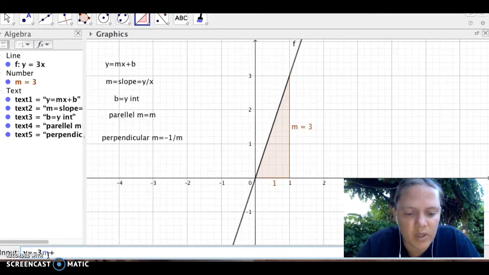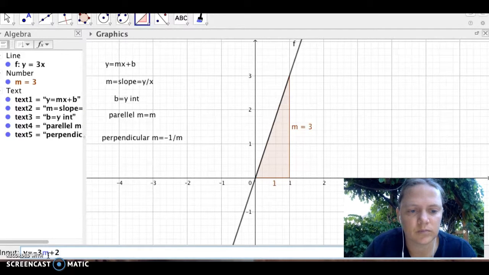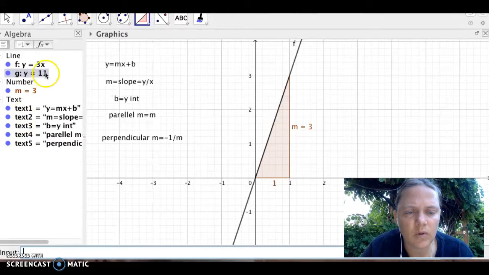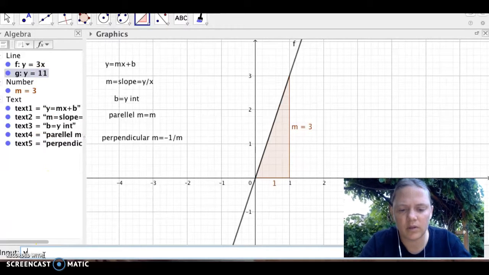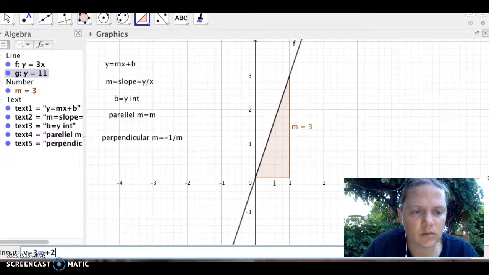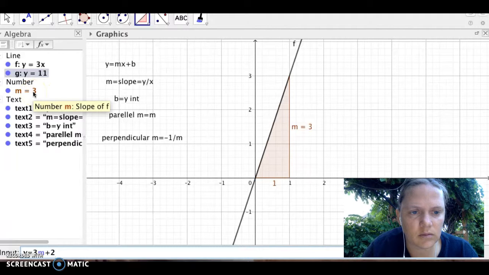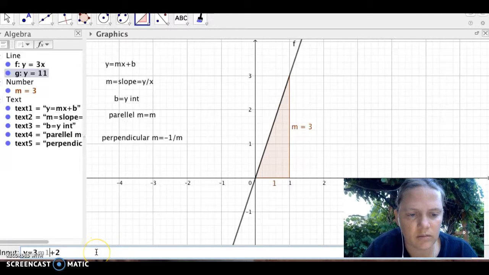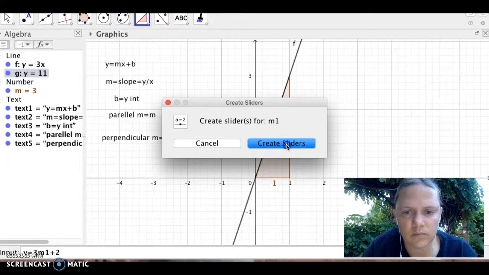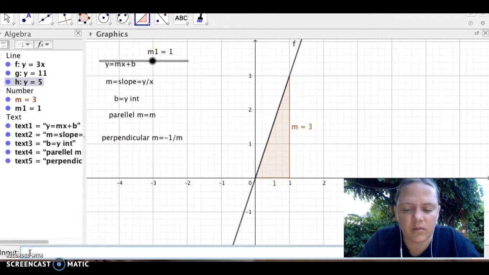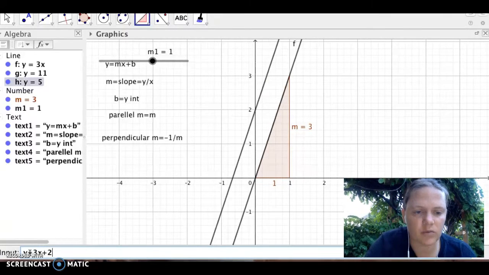We can put anything in for b, so let's go 2. Y equals 3x plus 2. Now we got it.